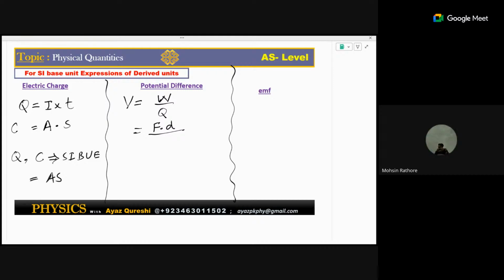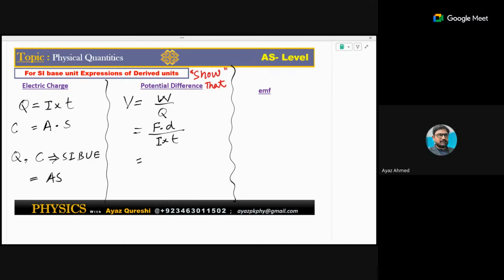In theory, you have to show the working, or the questions in which it is written show that, those are very important. In those questions, you have to show all this working. It's very important to know from the exam point of view. In MCQs, no need to show all this, just put in the values according to your convenience.